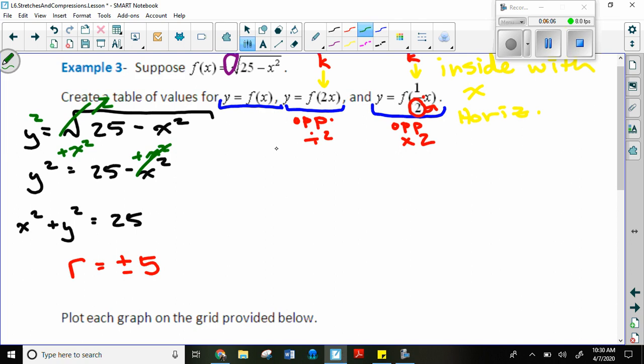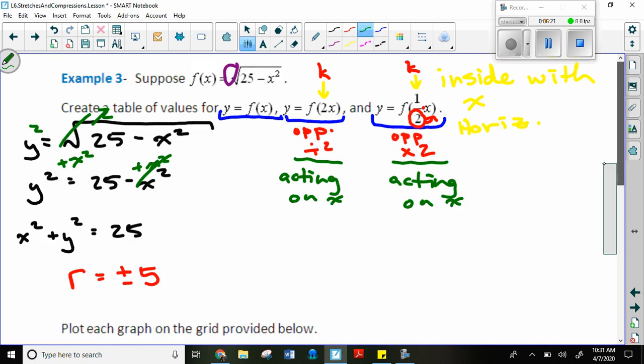Once we're inside, this is acting on x, and we're doing the opposite.